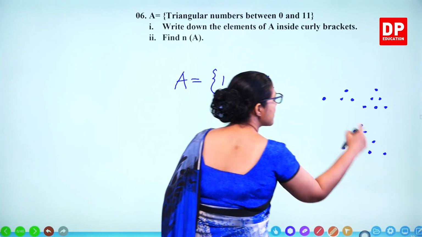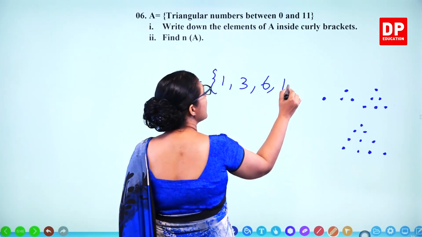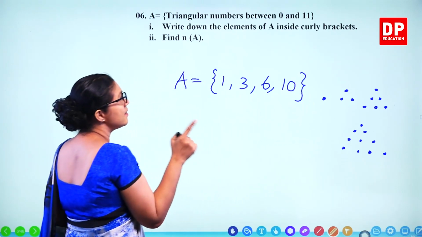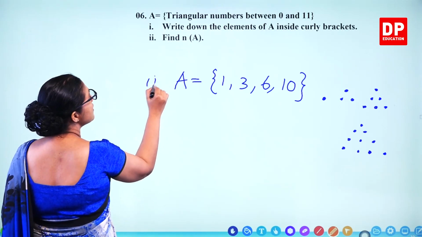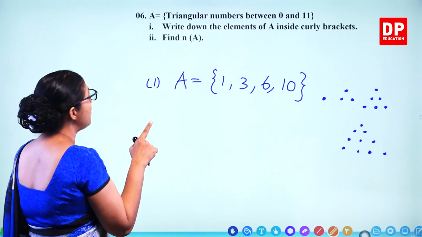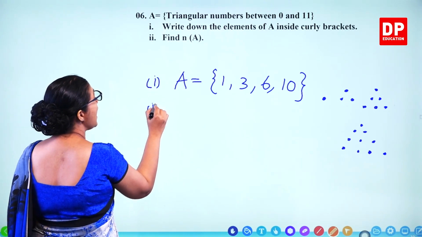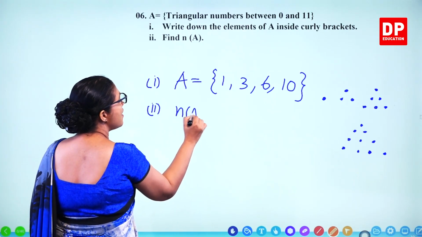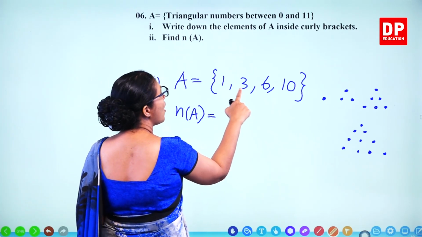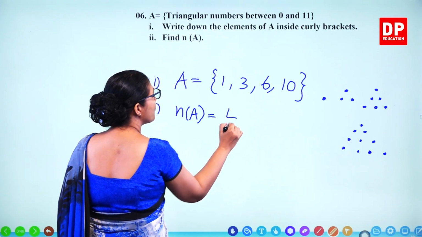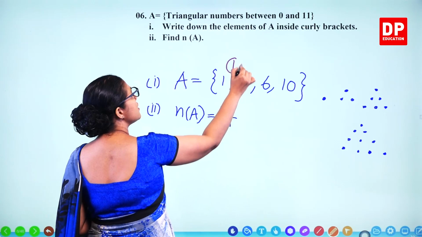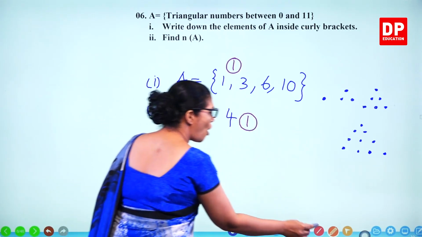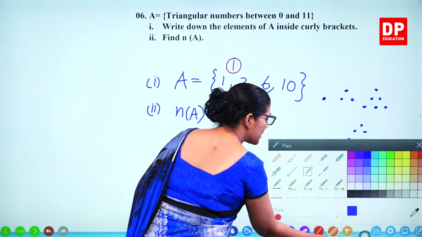Always 1 increases. So 6 plus 4, 10. Less than 11. So only those numbers. So write down the elements of A inside curly brackets and then find n(A). What's that? Number of elements in A. 1, 2, 3, 4. 1 mark for writing down the elements and 1 mark for counting the number of elements.